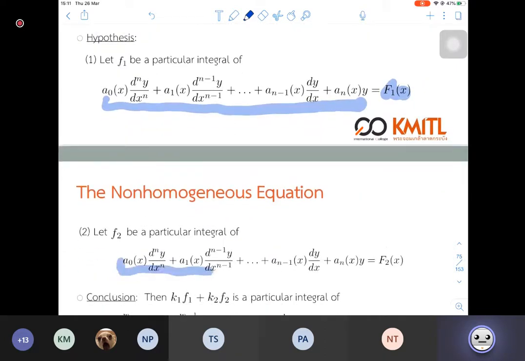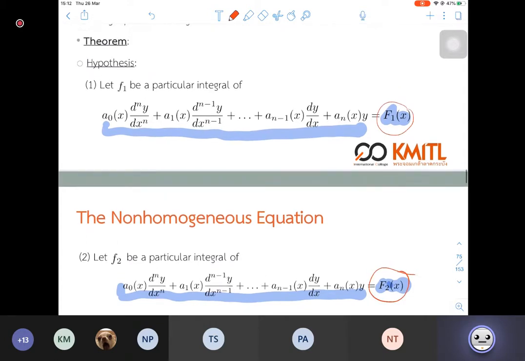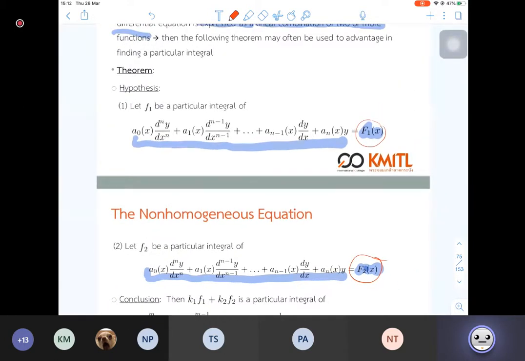And then you have this same left-hand side, but with f2, right? So those two functions are different, but those are the non-homogeneous differential equations. If this is the case, then you can use the following theorem to find the particular integral. So to find yp, okay?